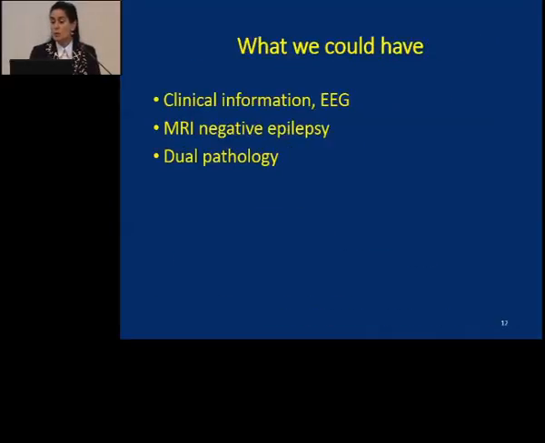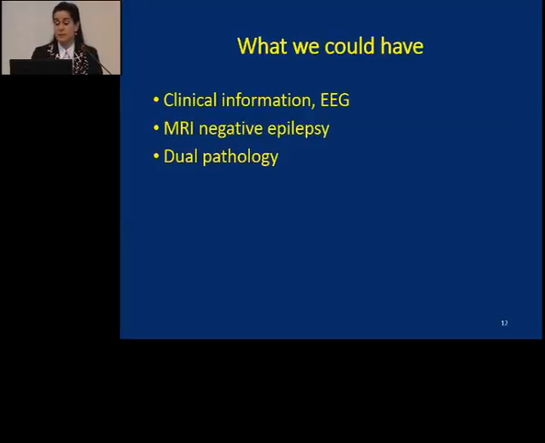So what we can have in our daily practice is good clinical information and also EEG findings, which can lateralize. They can provide us information that this involves the right or the left hemisphere.